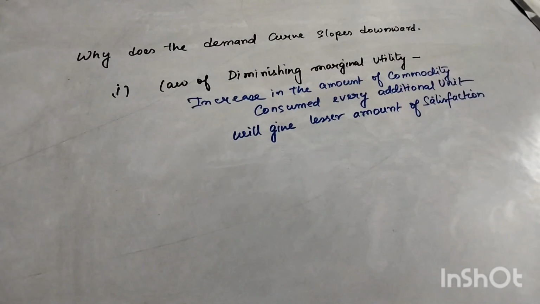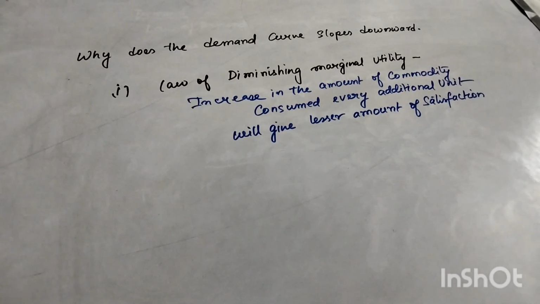So, with the increase in the amount of commodity consumed, when more and more commodity we are consuming, every additional unit we are consuming will give us less satisfaction. This is called the law of diminishing marginal utility.